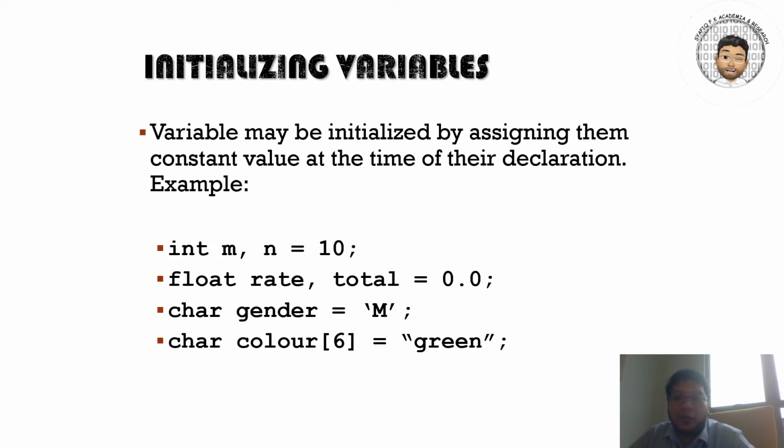Yes. What is the opposite of real number? Imaginary. Imaginary number, good. But imaginary numbers, we are not going to do in programming. Imaginary number is higher level.